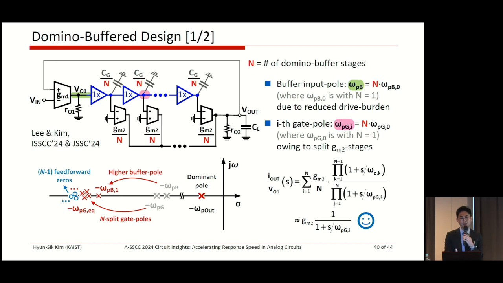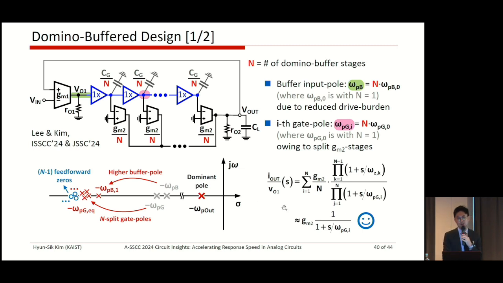The important thing is that multiple gate poles are formed. However, multiple zeros are also intrinsically formed, because the feedforward path is formed. Therefore, with this n-stage domino buffer design, n poles are formed, located at very high frequencies, but n-1 zeros are intrinsically generated.